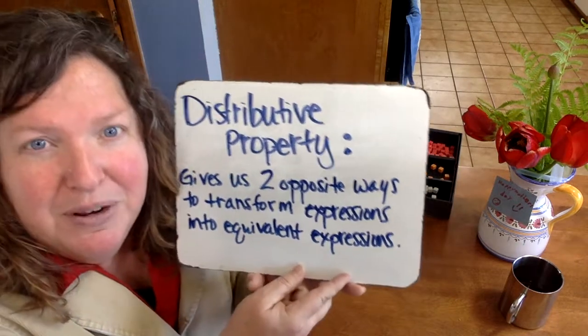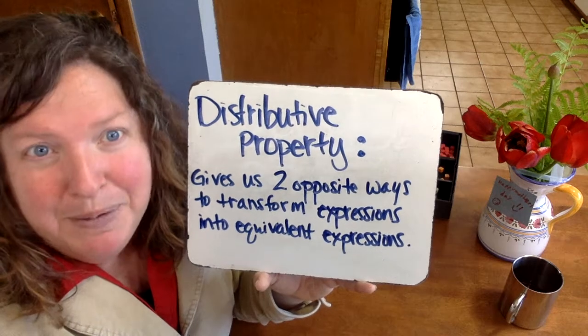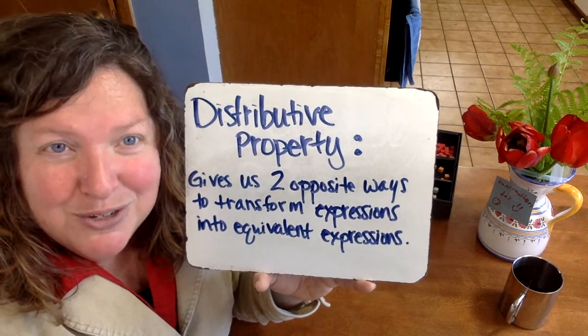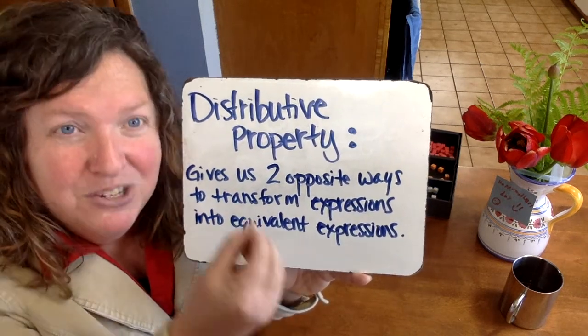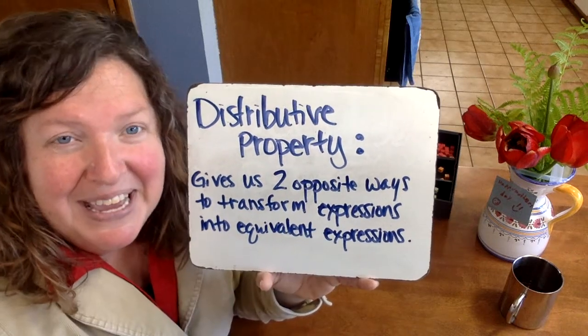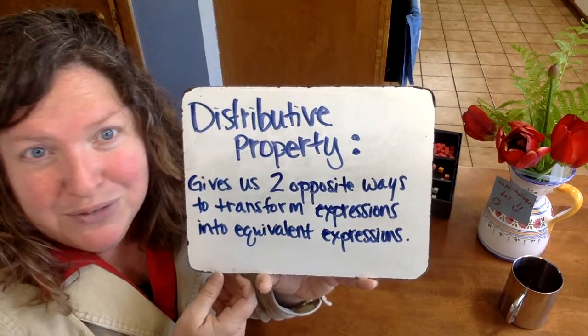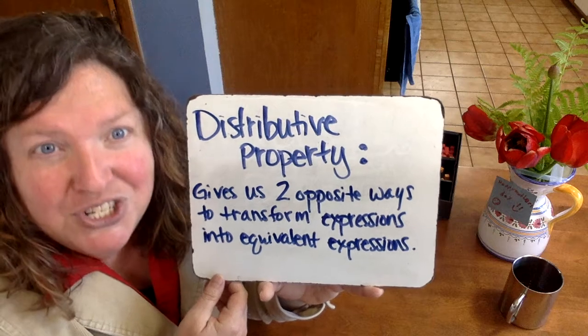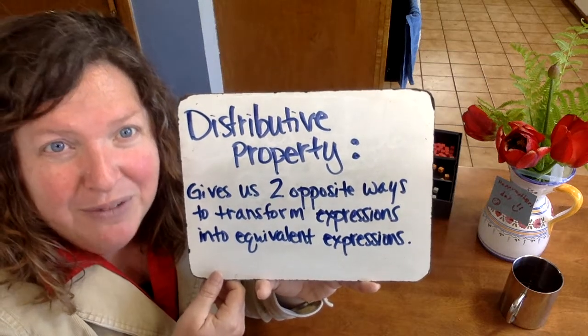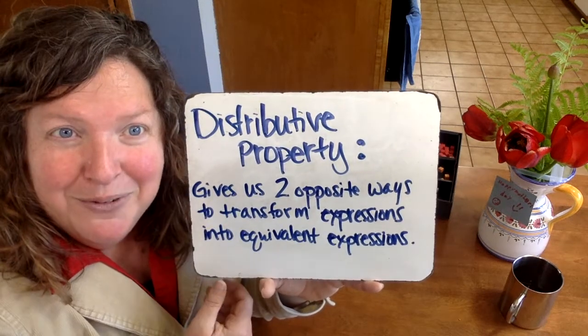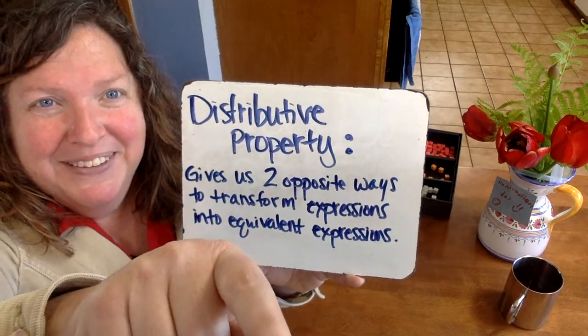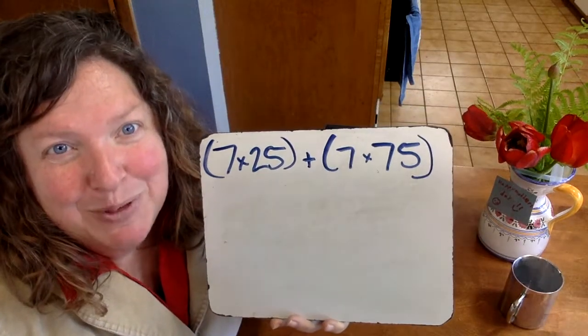So the distributive property gives us 2 opposite ways. We can distribute more together, or we can distribute further apart. And it gives us 2 ways to transform. Transform just means change, to change expressions into their equivalent expressions to make it easier to solve. Let's see another example. Here's an example with much bigger numbers.